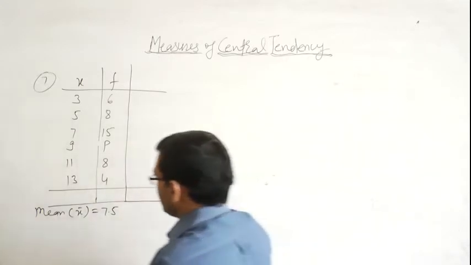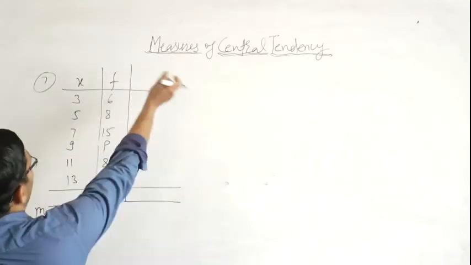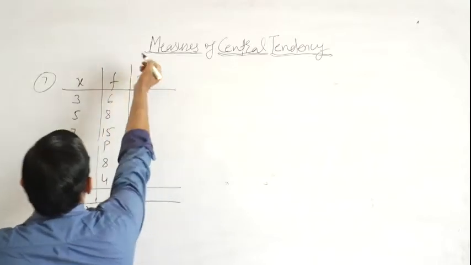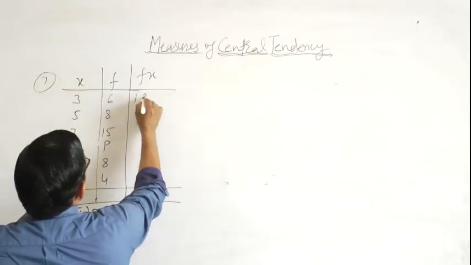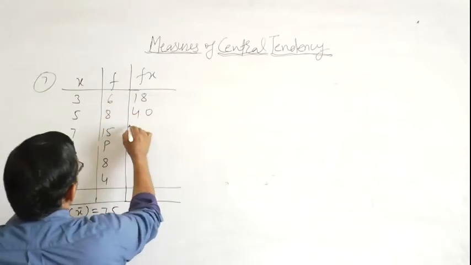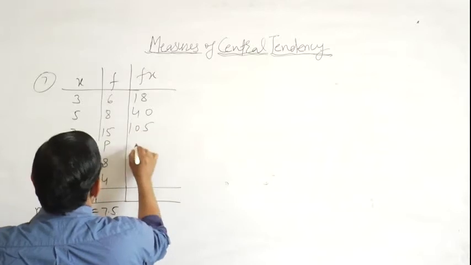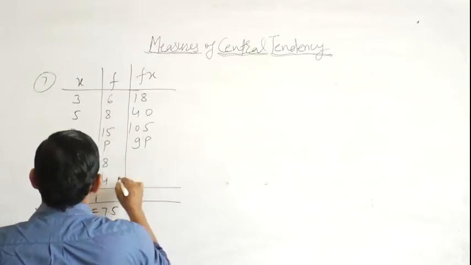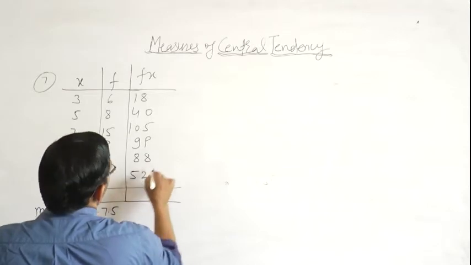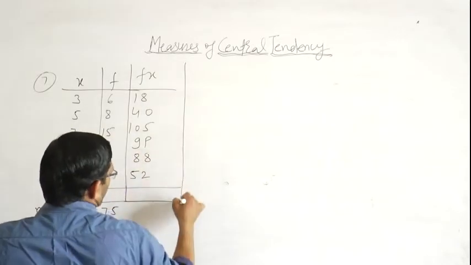So for this, first we find out fx, that is 18, 40, 105, 9p, 88 and 52.